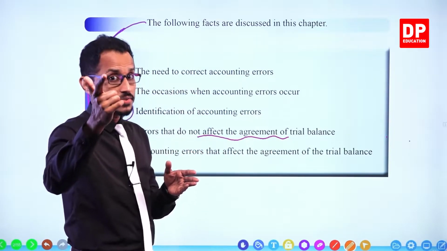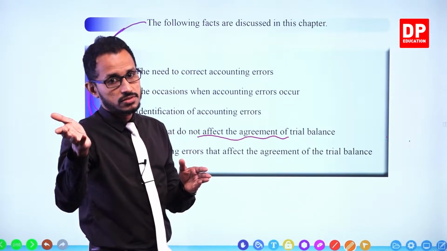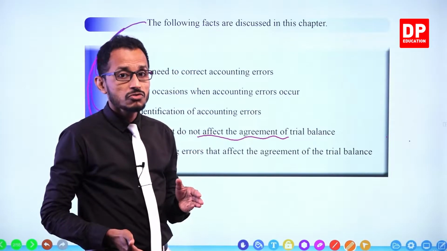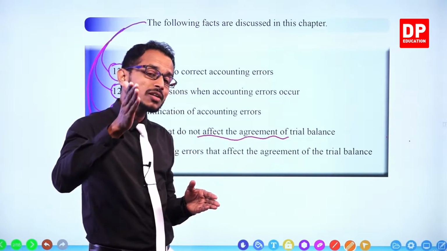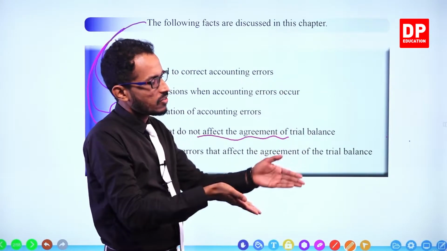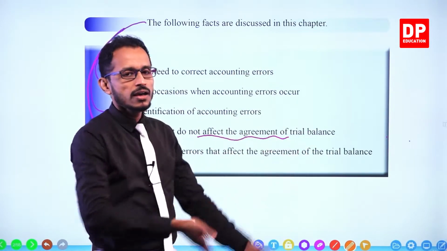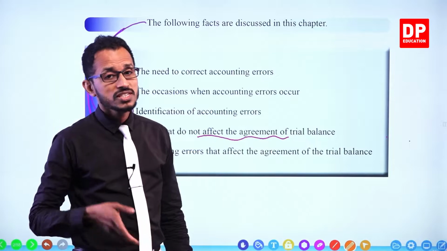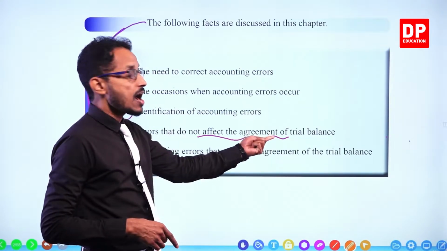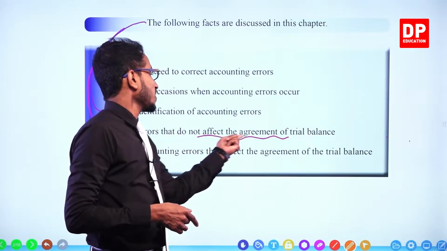There are some other types of errors which do not affect the trial balance. Even when these errors are there in our accounting books, in our ledger accounts, they do not affect the agreement of the trial balance.